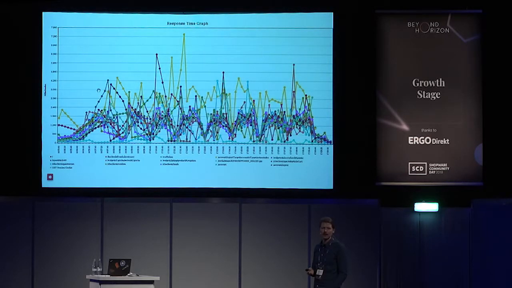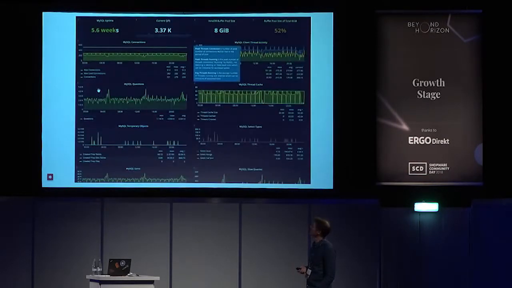Each line represents one URL in the shop. This is the account login, the yellow line, where you can see response times of about 7 seconds. So you know that you need to look at that and probably optimize the PHP code.